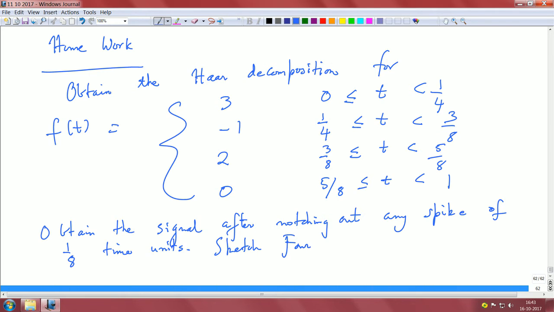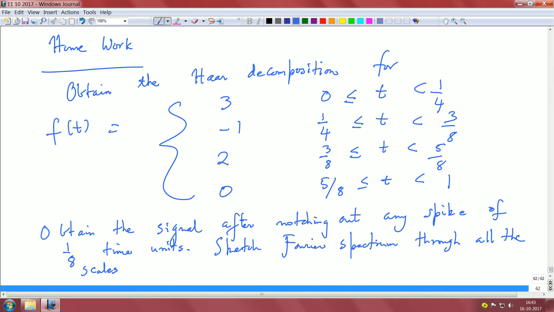Sketch the Fourier spectrum through all these scales. Okay, so you have a signal here, and perhaps for the signal any spike of 1/8 time step is a noise.